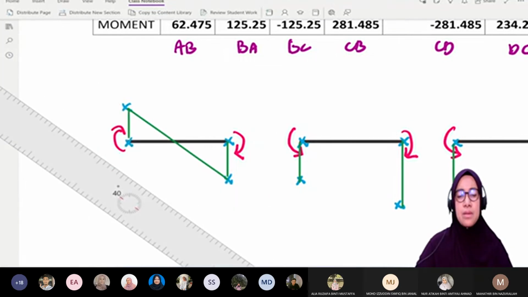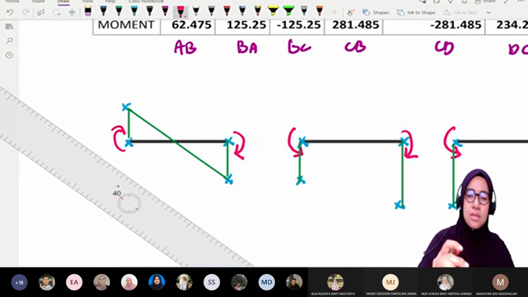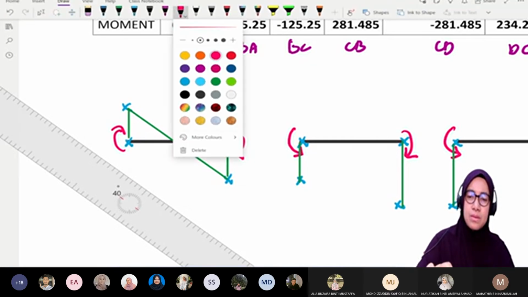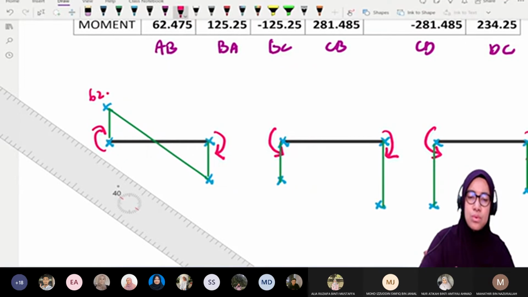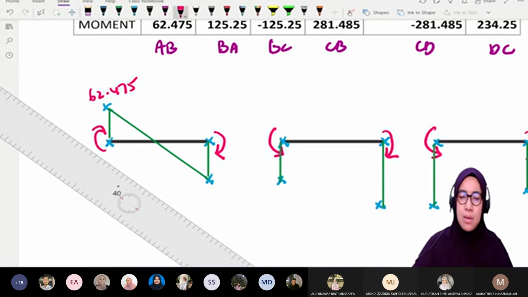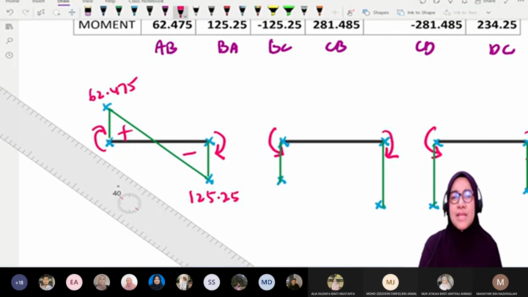Okay, and the value is 62.475 and yang bawah tu is 125.25. So this is positive, this is negative. Okay, dah siap BMD for member AB.